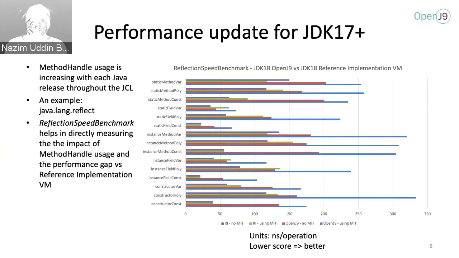Other than just the direct impact of method handles, we also have other causes behind a performance gap even with no method handle usage, which is why we've been using this to understand areas that we can improve, and we have been making progress towards that. These numbers were from when we started looking at this set of benchmarks, and we have been working from the data that we have collected since then. Next slide, please.